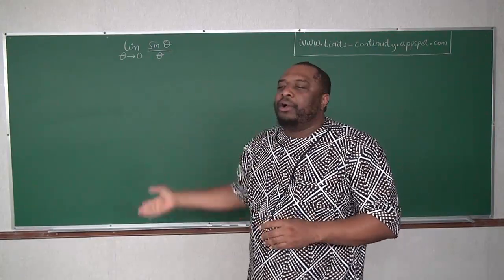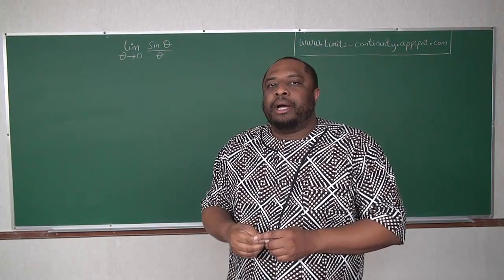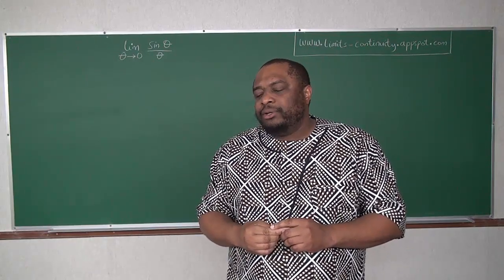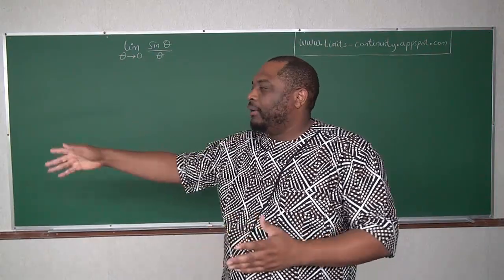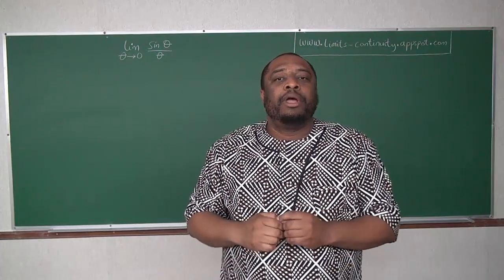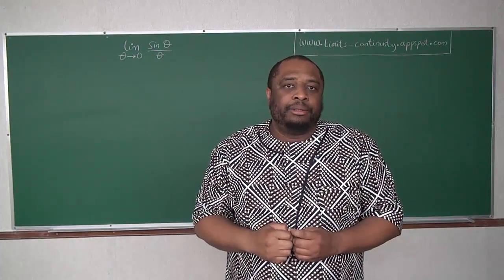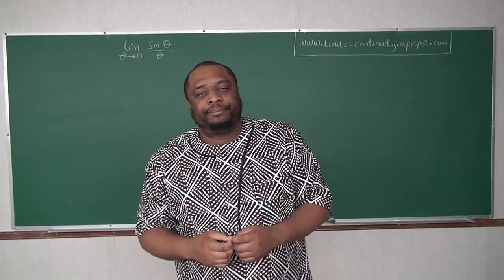So we are going to do this in two ways. We're going to do it in two ways because if you just use your calculator and do sine 0 divided by 0, of course you cannot divide anything by 0. That would be indeterminate.